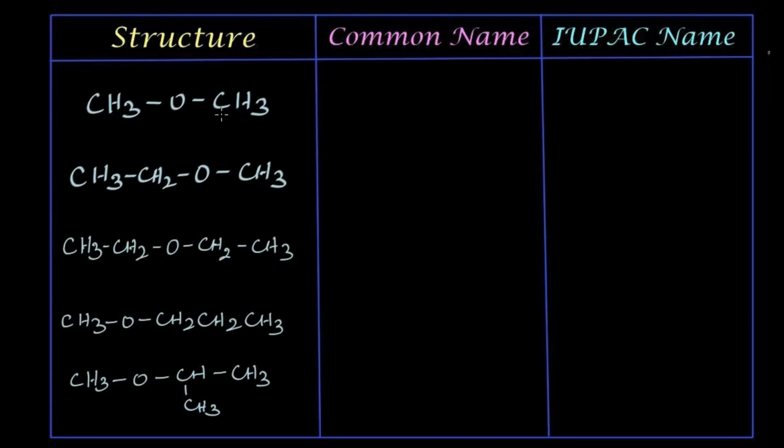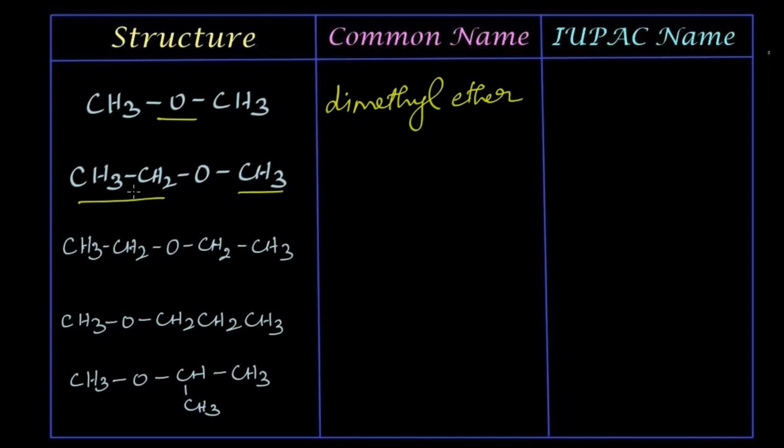CH3 is methyl, and here the CH3 is also methyl. So two methyl groups are attached in the first compound, so we shall name it as dimethyl, and the functional group present here is O, that is ether. So dimethyl ether is the common name. And in the second one, this is a methyl group and this is an ethyl group.